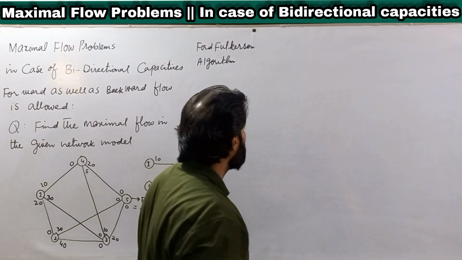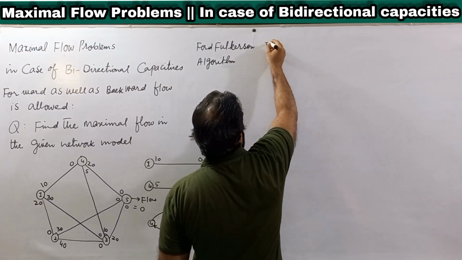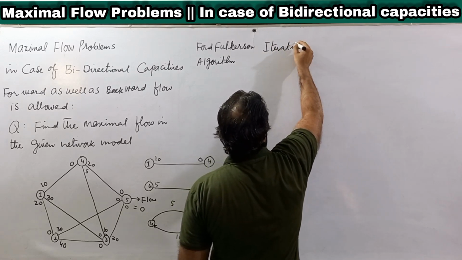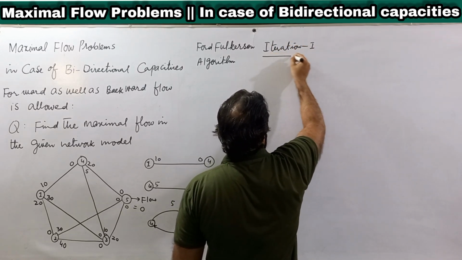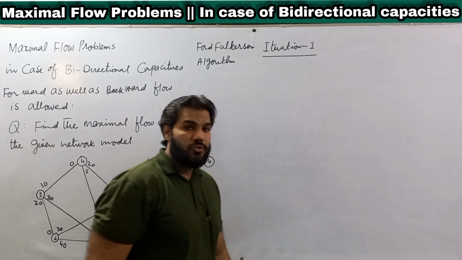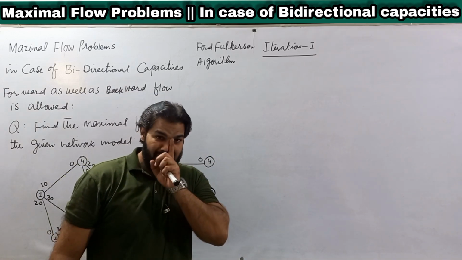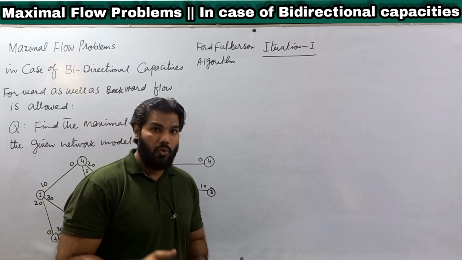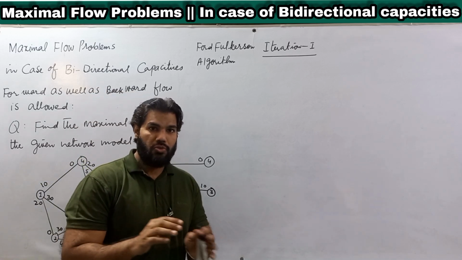In this method, firstly, for iteration 1, let us choose an augmenting path. An augmenting path is a path in the residual graph that joins the source node to the sink node.